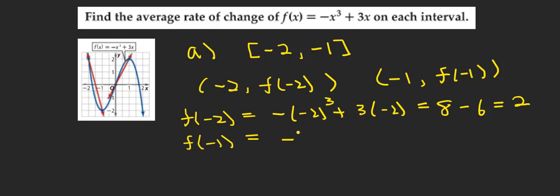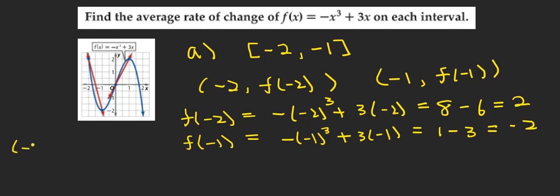Well, that's going to be negative 1 cubed plus 3 times negative 1, which is going to be positive 1 minus 3, so it's negative 2. Therefore, we have 2 points, negative 2, comma 2, and negative 1, comma negative 2.